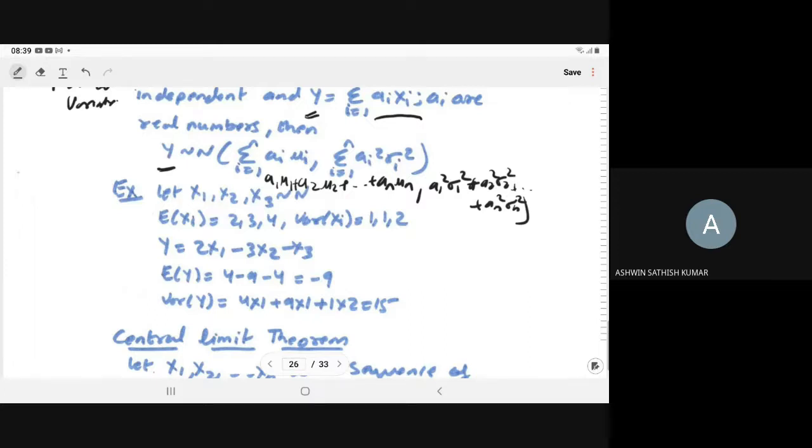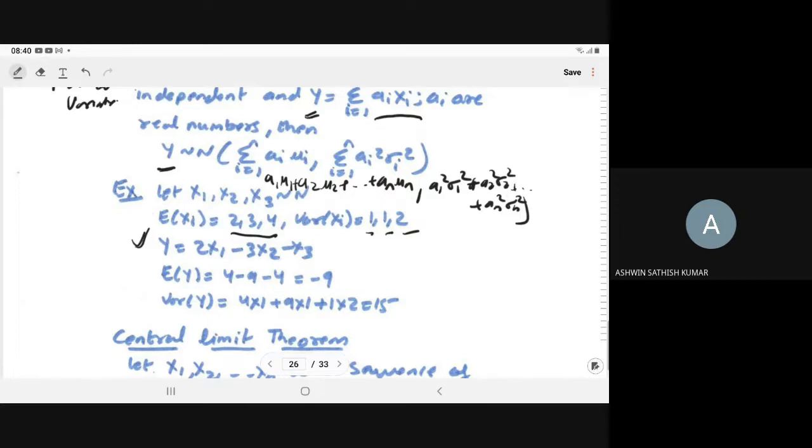Let us understand this by an example. Let x1, x2, x3 follow the normal distribution. E of x1 is given as 2, E of x2 is 3, and E of x3 is 4. Variance of x1 is 1, variance of x2 is 1, and variance of x3 is 2. You have another random variable y as 2x1 minus 3x2 minus x3.